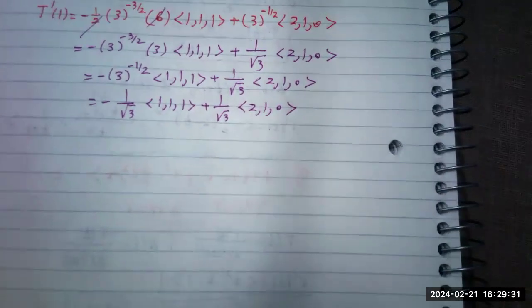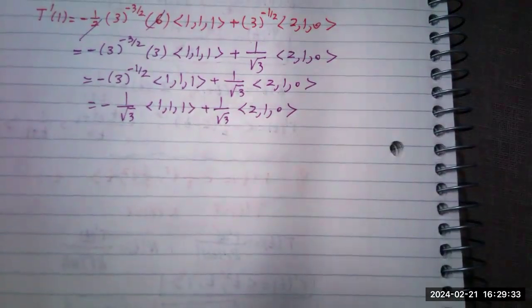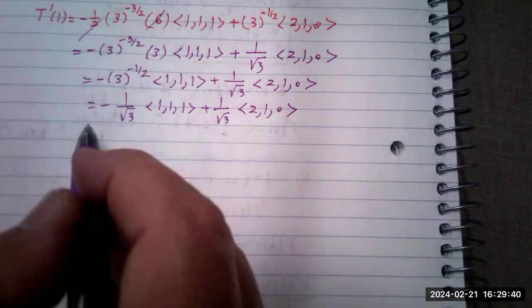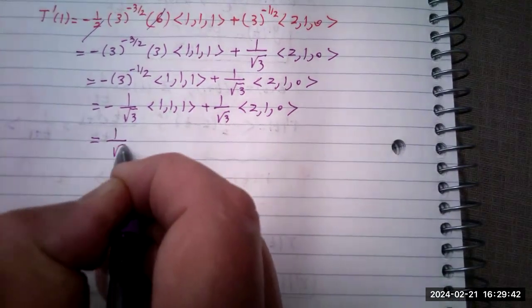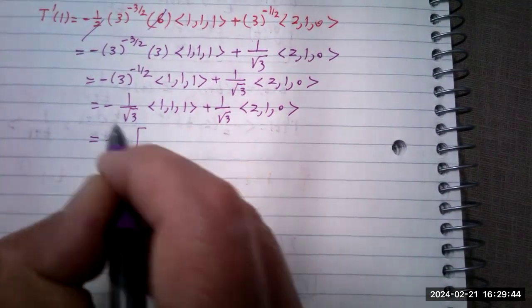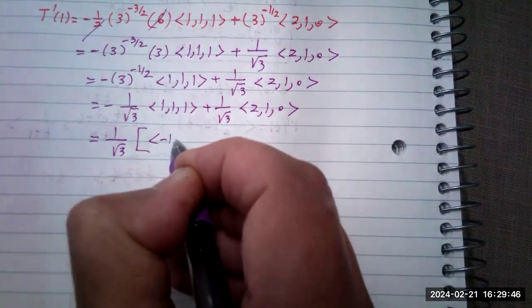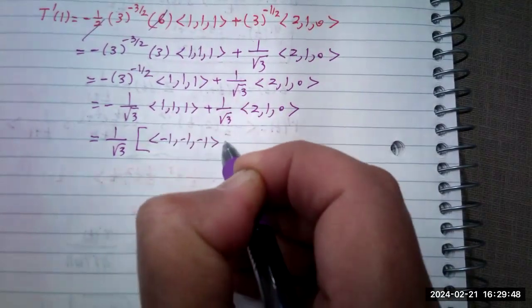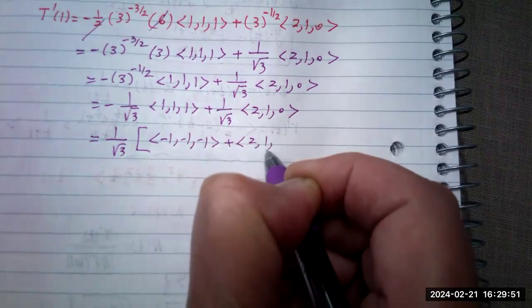You can multiply inside or you can factor it, then put them together. Depends which one you prefer. I prefer to take the 1 over radical 3 out. So the first vector here is negative 1, negative 1, negative 1, and the second one is 2, 1, 0.